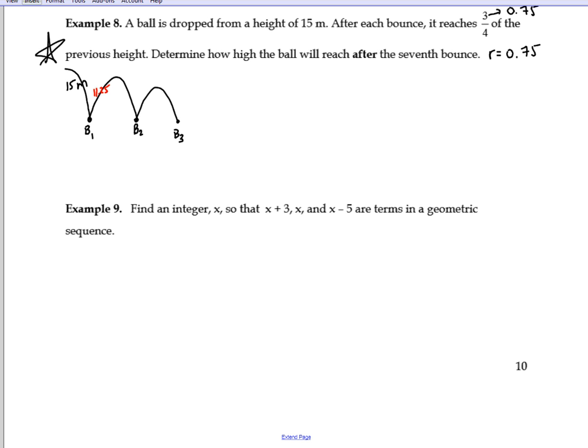Okay, 11.25. So this one's asking, determine how high the ball will reach after the 7th bounce. Okay, so I'm going to draw 7 bounces: 3, bounce 4, bounce 5, bounce 6, bounce 7, and we want to know how high after the 7th bounce.